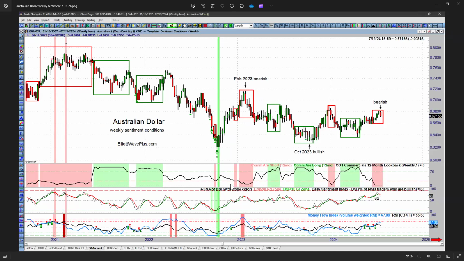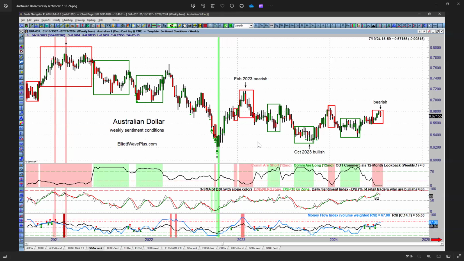So as this went up, they started building positions against the Australian dollar. This is at the same time that retail traders who are trend followers were just getting more and more giddy about thinking that the Australian dollar was just going to continue higher forever.